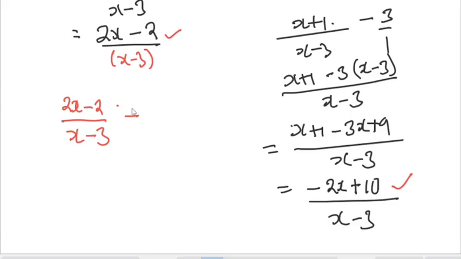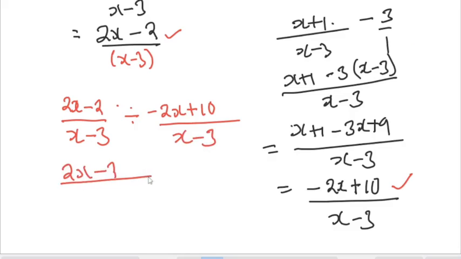So we use this one divided by negative 2x plus 10 over x minus 3. So from here we maintain 2x minus 2 over x minus 3. So this is a 2 right here.